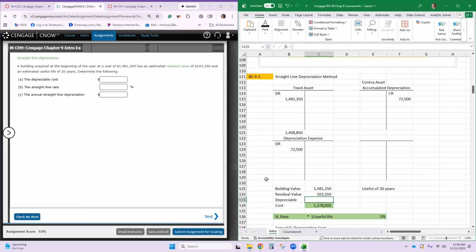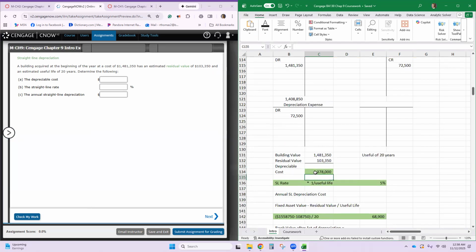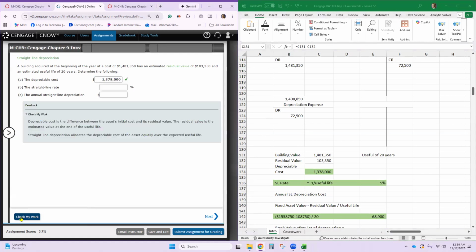And that will give us the depreciable cost. Depreciable cost is the first thing we want to know. Let's see what we got here. And then the useful life is 20 years. How you find the straight line rate is you take 1 over the useful life.